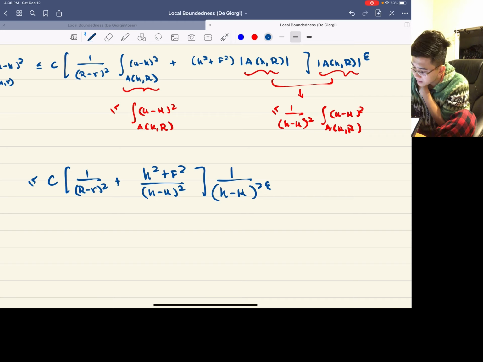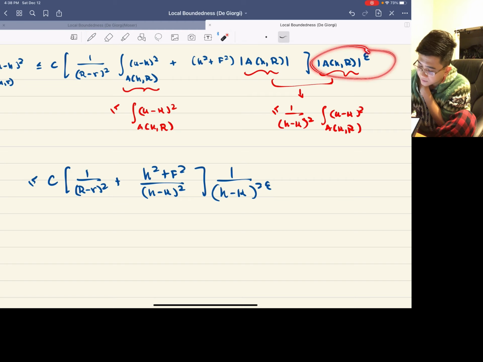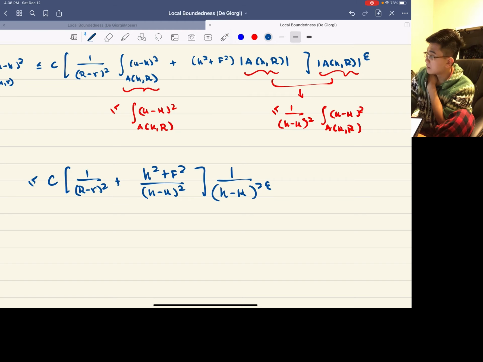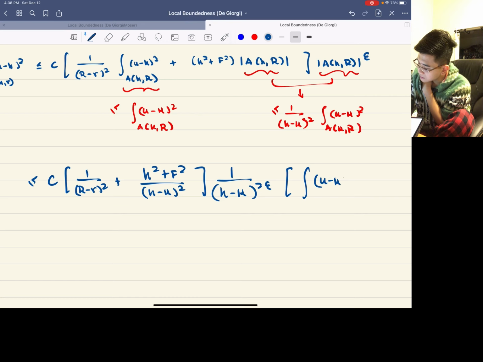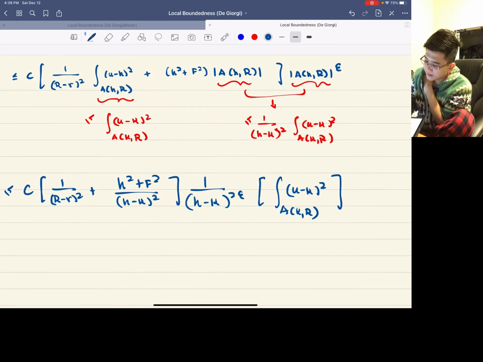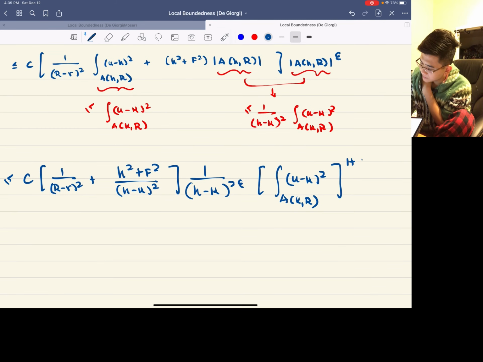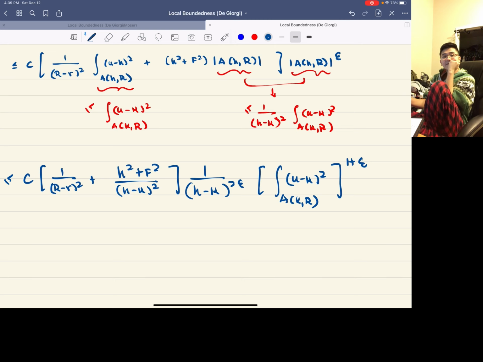Oh, it came from this term here, multiplied by the thing that I factored out, A(k, R) squared. And I have here 1 plus epsilon because we already have something to the epsilon because of this term. Okay, so we have that.